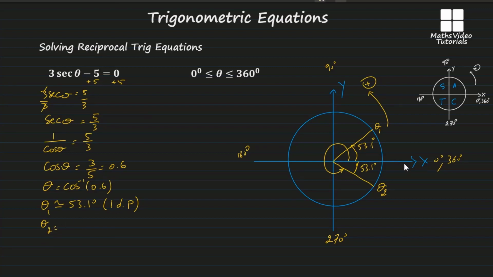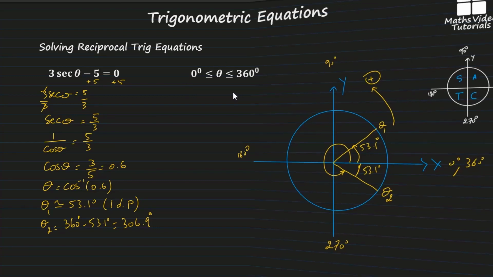You just subtract 53.1 from 360. So that's 360 minus 53.1, and that will give you 306.9 degrees. Alright, so that is how you calculate the 2 angles using the CAS diagram within our interval.